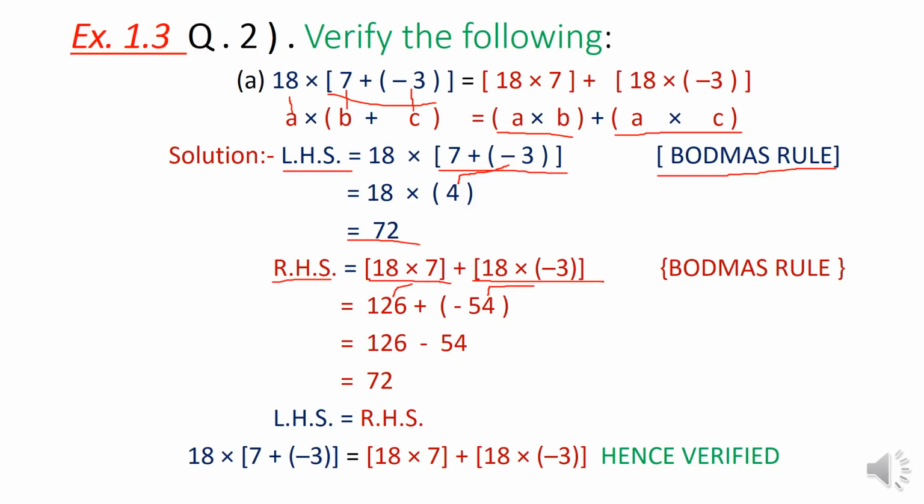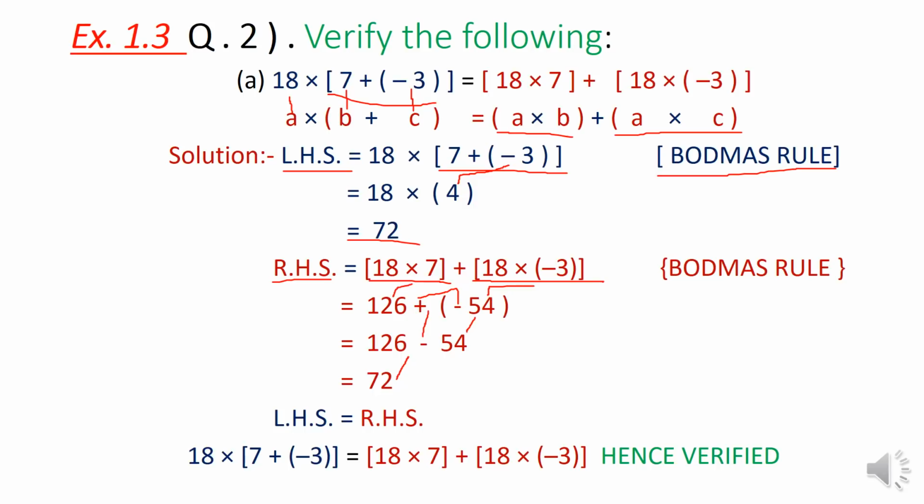Now, plus is outside and minus is inside, so this will give you the answer in the form of minus. The 54 will be as it is. 126 minus 54 will become 72.